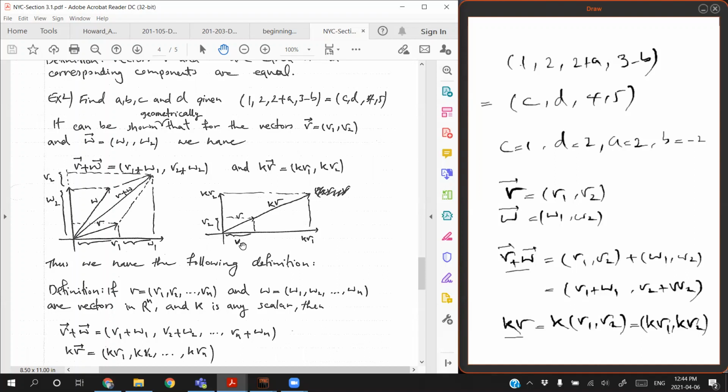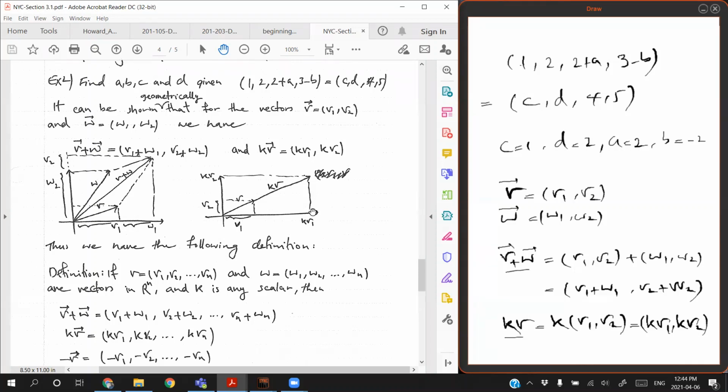Then if I do the same thing with the components, that means if I scale v1 by a factor of k and I scale v2 by a factor of k, and then draw the vector (kv1, kv2), that's going to be the same as vector kv, which has been drawn geometrically. So these definitions coincide and they are in accordance with the geometric definitions.